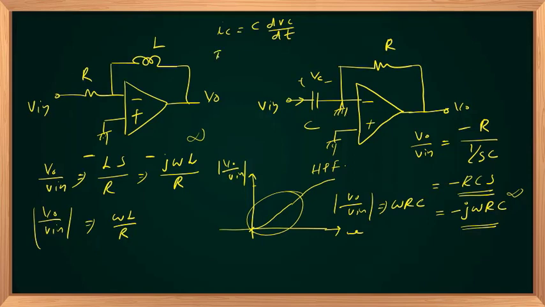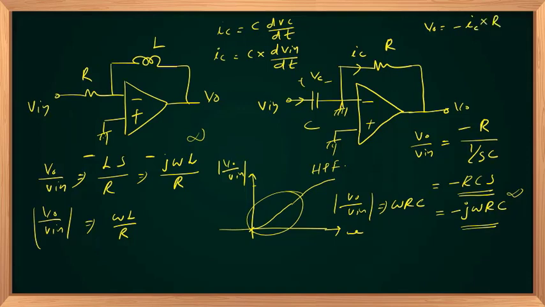So the current flowing through the capacitor is IC, nothing but C times dV in by dt, and the same current flows through R. So V out will be minus IC times R.